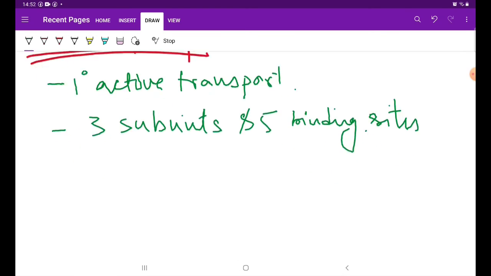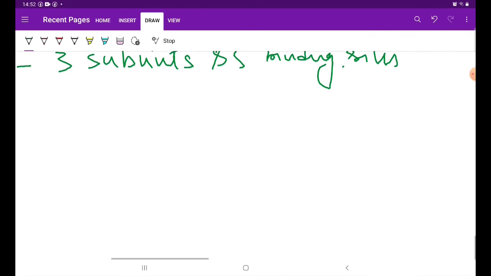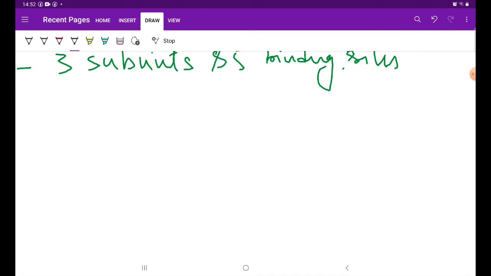So let me draw a pic of the sodium potassium pump.